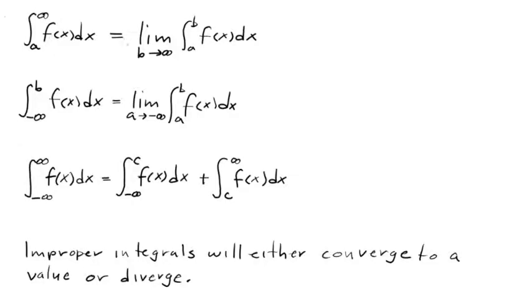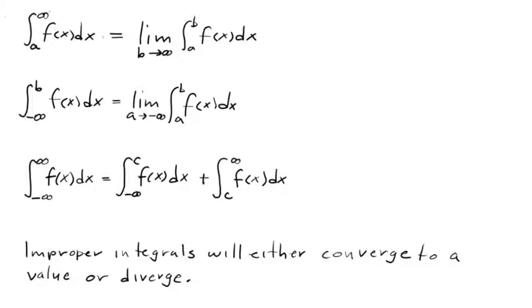So what we do is we change it over to a limit. All right, so we'll use b since it's the top value that's infinite. We take the limit as b goes to infinity of the antiderivative from a to b of f of x dx, and now I can evaluate that definite integral and then take the limit.